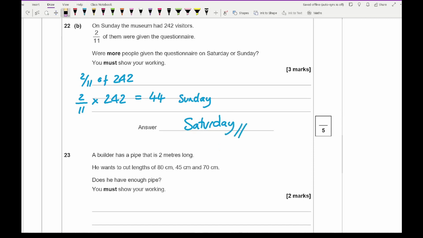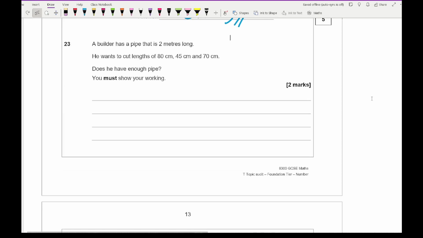And there we go. Then for question 23, it says a builder has a pipe that is 2 meters long. He wants to cut lengths of 80 centimeters, 45 centimeters, and 70 centimeters. Does he have enough pipe? You must show your working. Now for this, what we've got is a difference of units. So here I've got centimeters and I've got meters. So what I need to do is work with the same unit.